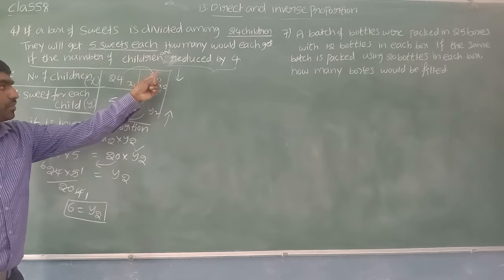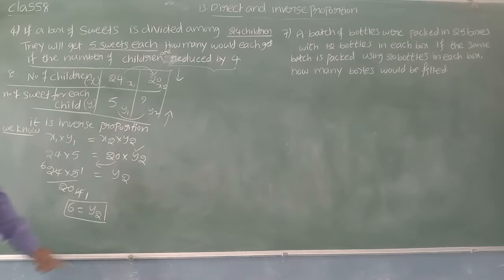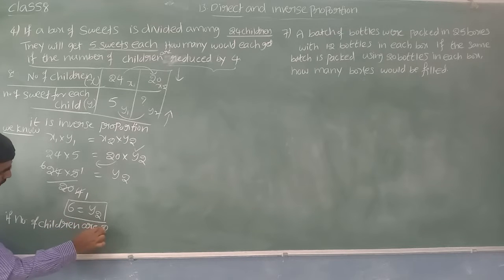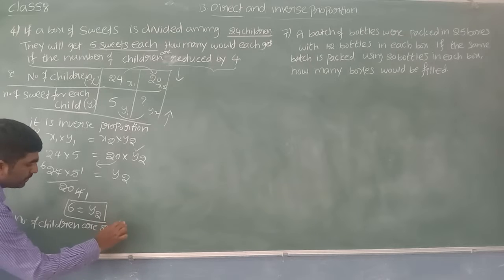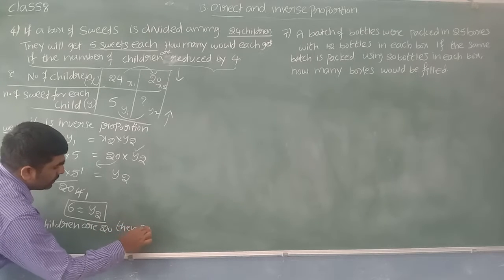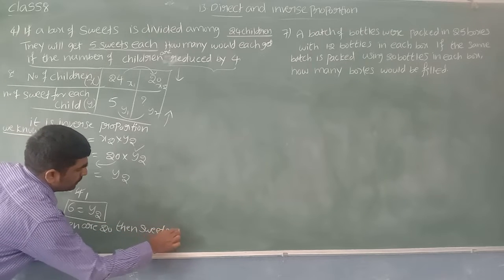When the number of children is 20, the number of sweets for each child is 6.